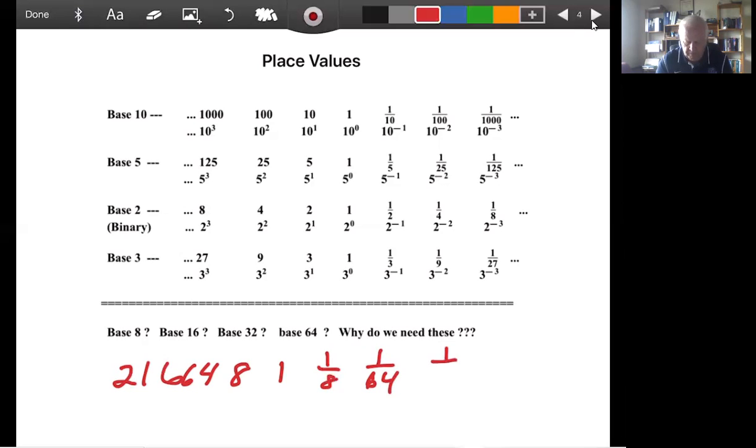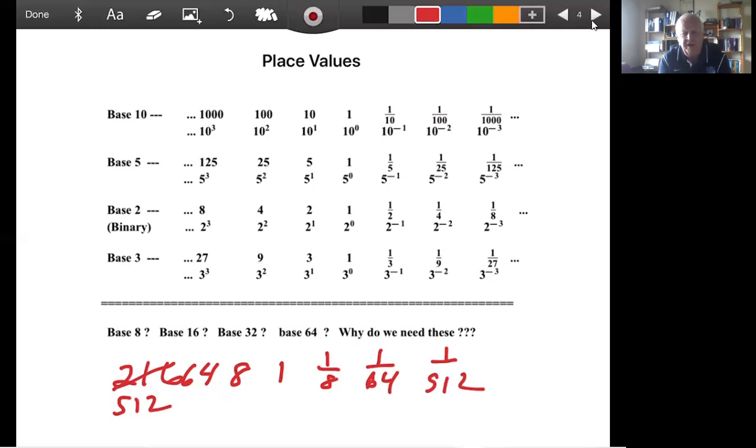I'm sorry, I said 2/16; it has to be a multiple of 8, so 512. So nothing changes no matter which base you choose.